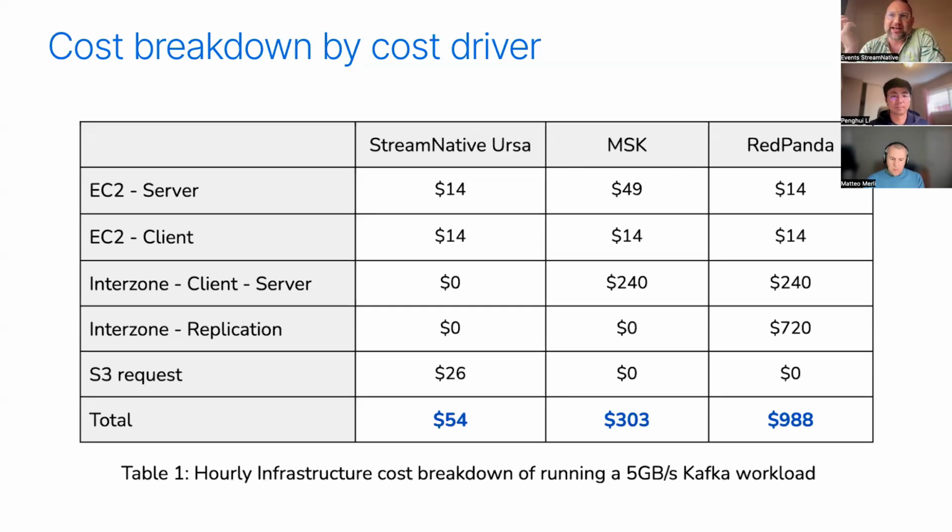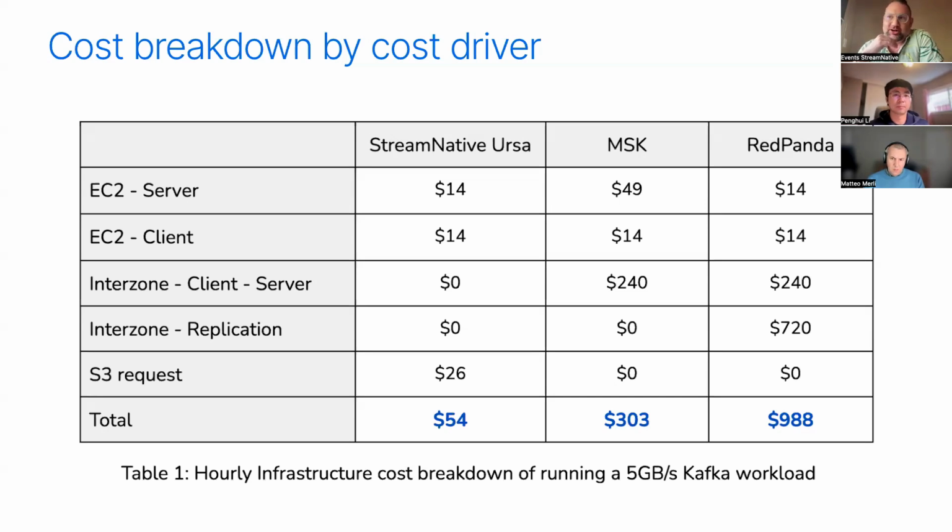And we have a little bit of S3 request. But what you can see here, where most of the cost savings comes from, is that the interzone client server traffic and interzone replication traffic is 0 for StreamNative Ursa. Whereas for MSK, you're going to have that client server traffic. And then for Redpanda, you have both the client server and the replication traffic.